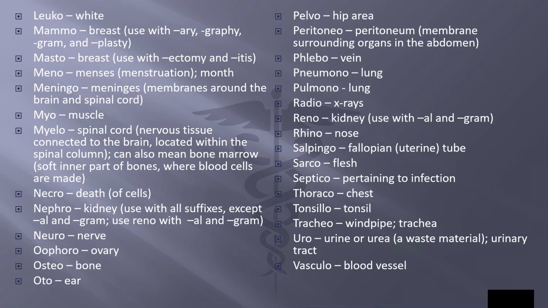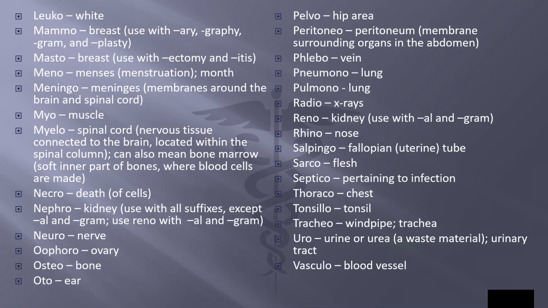Radio refers to X-rays. Reno means kidney, and this is used with the suffixes al and gram. Rhino means nose. Salpingo is the fallopian or uterine tube. Sarco means flesh. Septico means pertaining to infection.